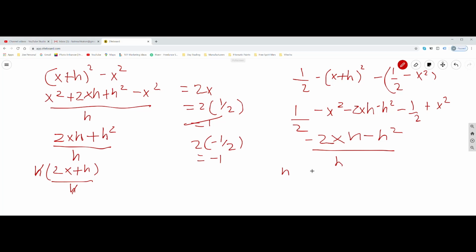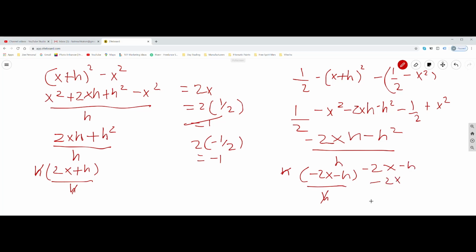You take out the h, you're left with negative 2x minus h over h. So you get negative 2x minus h, which comes down to negative 2x.